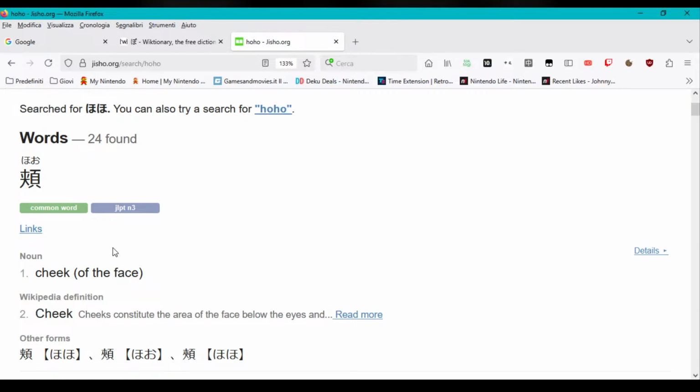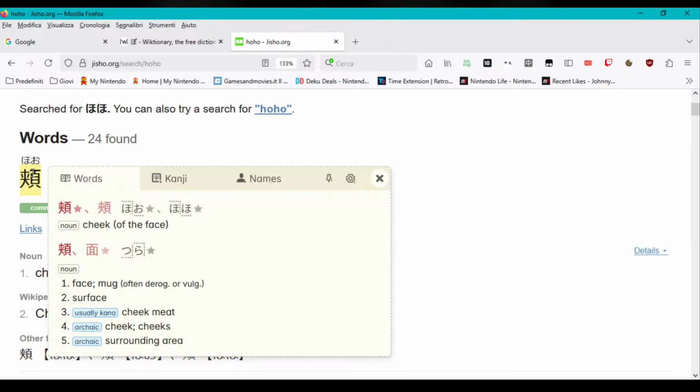I've written it that way, but the first one is the most common, though you might also find the second one. Ho. Again, high-low. In this case it's an exception: the second o is written with o instead of u.